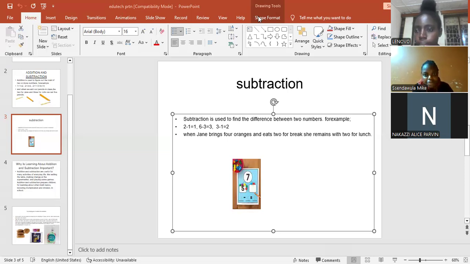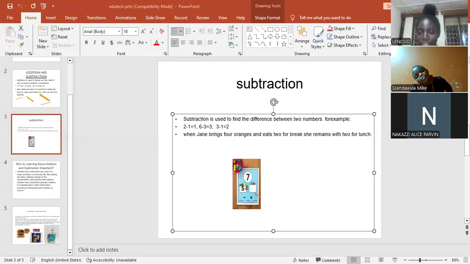Then addition was the process of calculating the total of two or more numbers. Then getting answers from subtracting larger numbers from small ones. That's it.